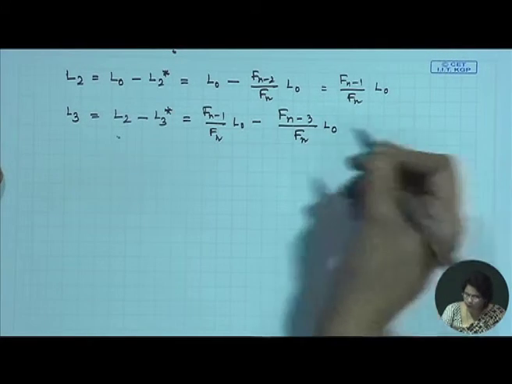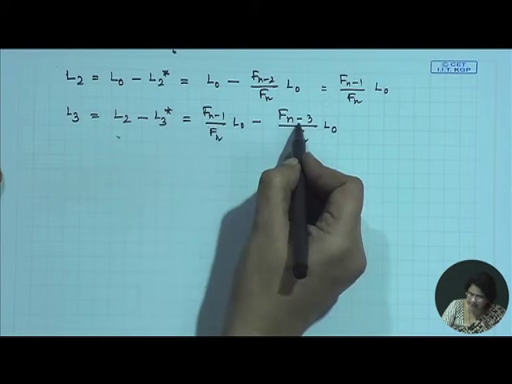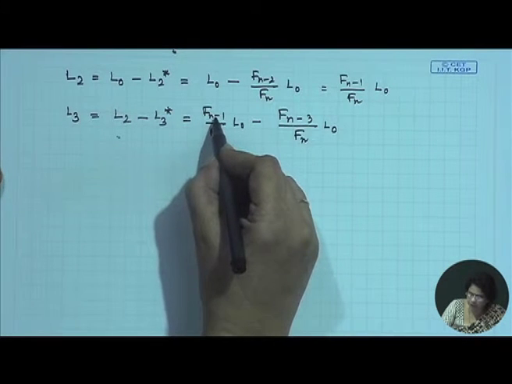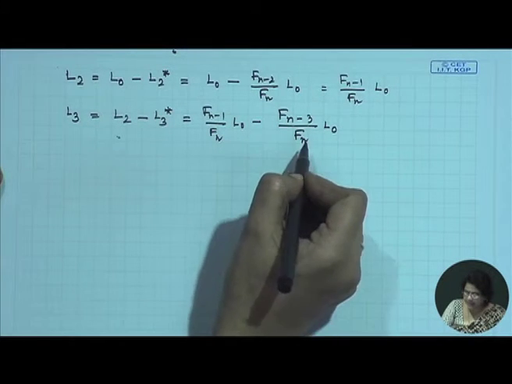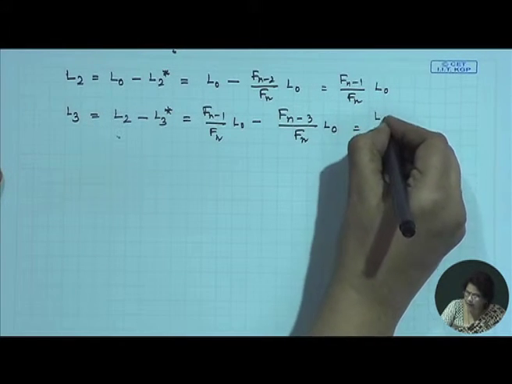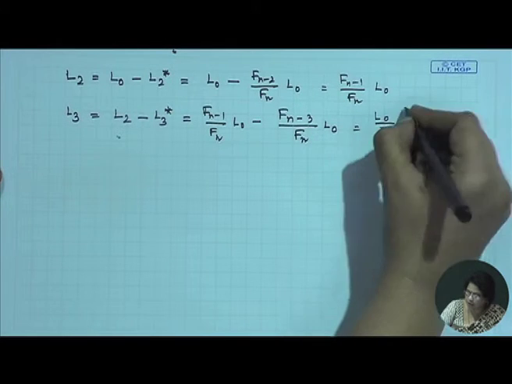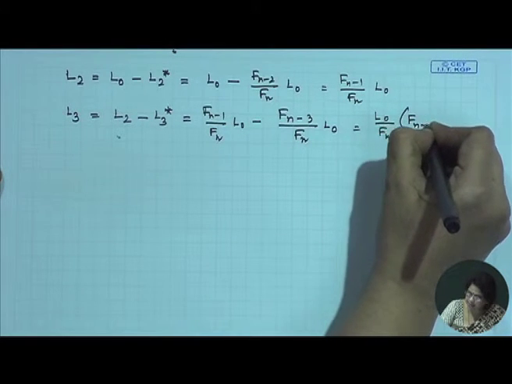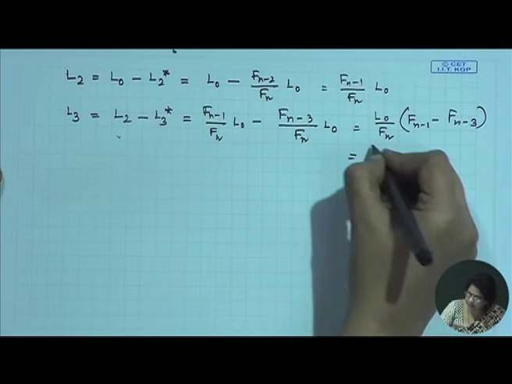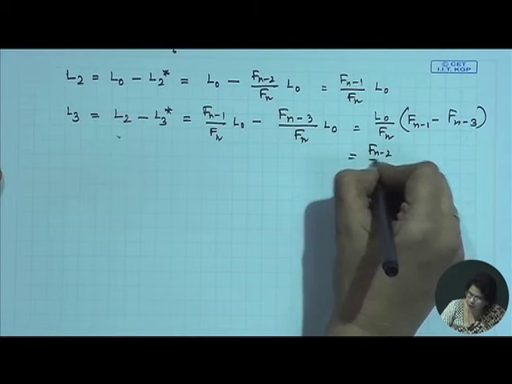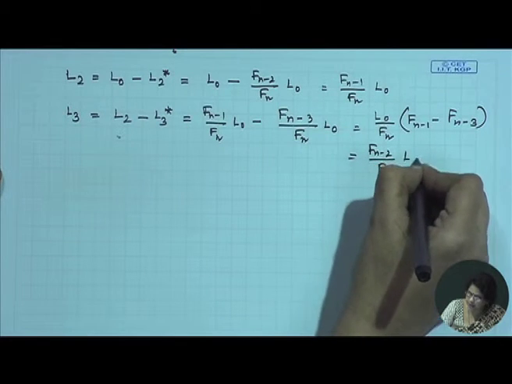Okay, we know that this is the previous, this is the next. Then Fn minus 1 is equal to Fn minus 2 plus Fn minus 3. That is why, if I take common L0 by Fn, I am getting Fn minus 1 minus Fn minus 3, that is nothing but Fn minus 2 by Fn times L0.